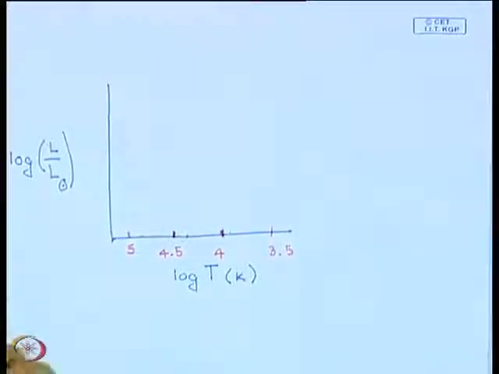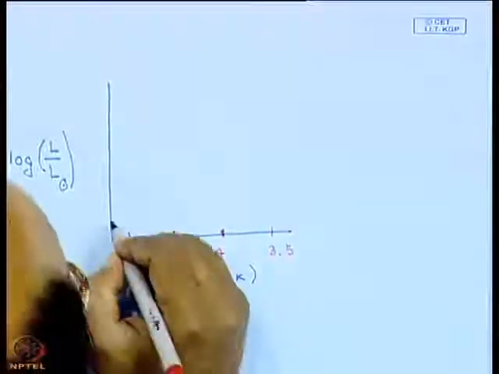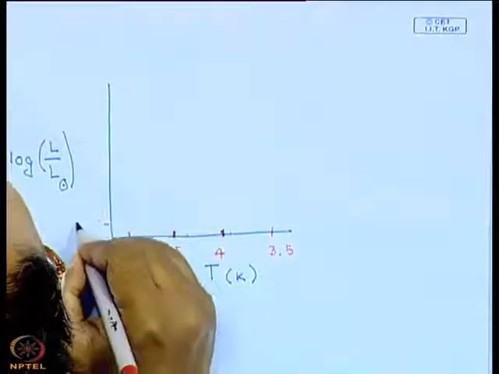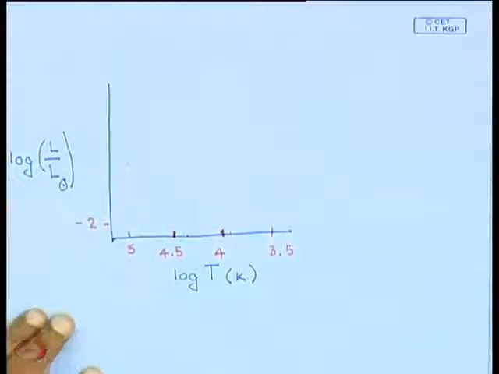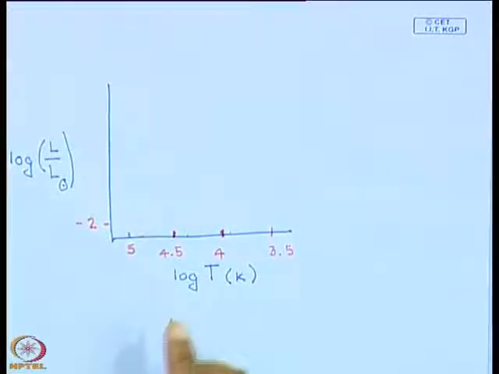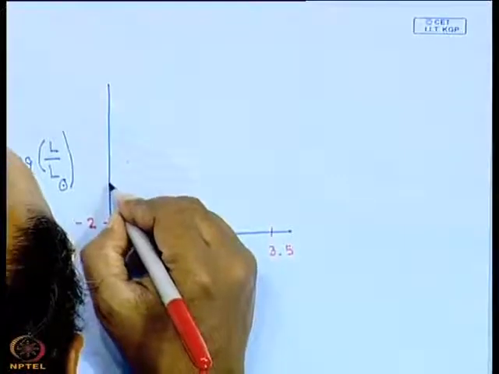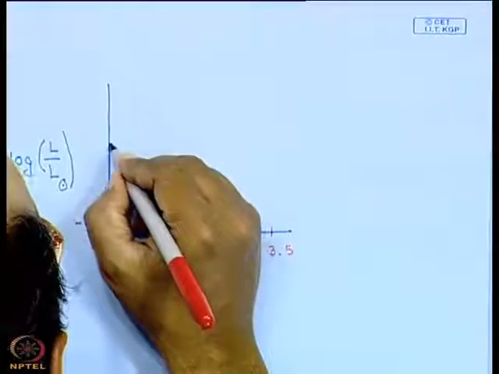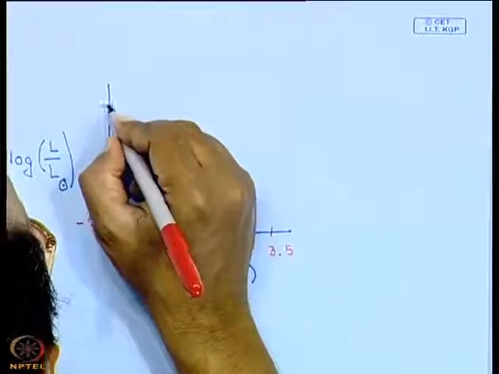So that is the temperature range, and the luminosity range is going to go from -2, which is 100 times fainter than the sun, and it is going to increase in intervals of 2. So this is going to be 0, this will be 2, and this will be 4.